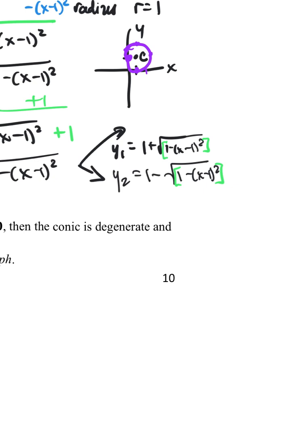If we had rewritten this where this was first and this was second, we want to make sure that we're closing the parentheses so we know that plus or minus one, that this one is not inside the radicand. So that's why I rewrote it to begin with, to not have that issue.